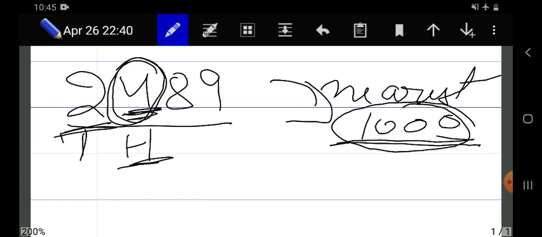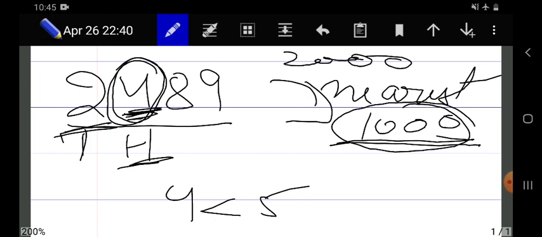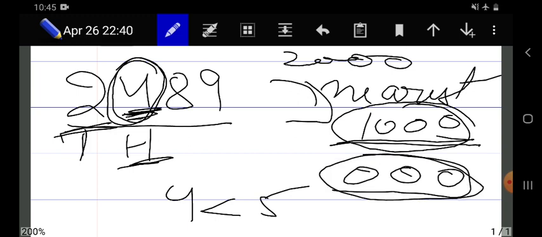We have already discussed that 4 is less than 5. So we will estimate it to the number that contains 3 zeros, obviously that will be 2000.